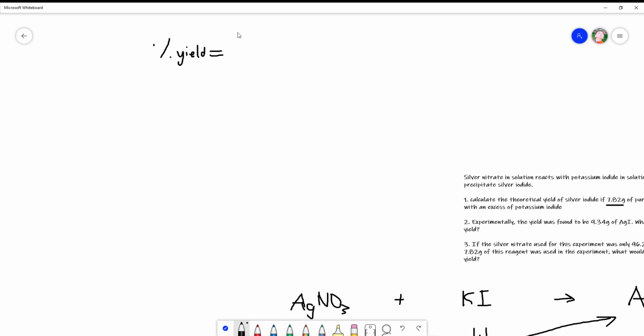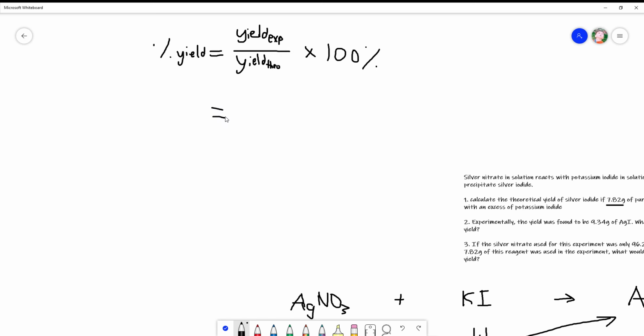So percentage yield equals the experimental yield divided by the theoretical yield, and then multiplying it all by 100%. This is what gives us a percentage.